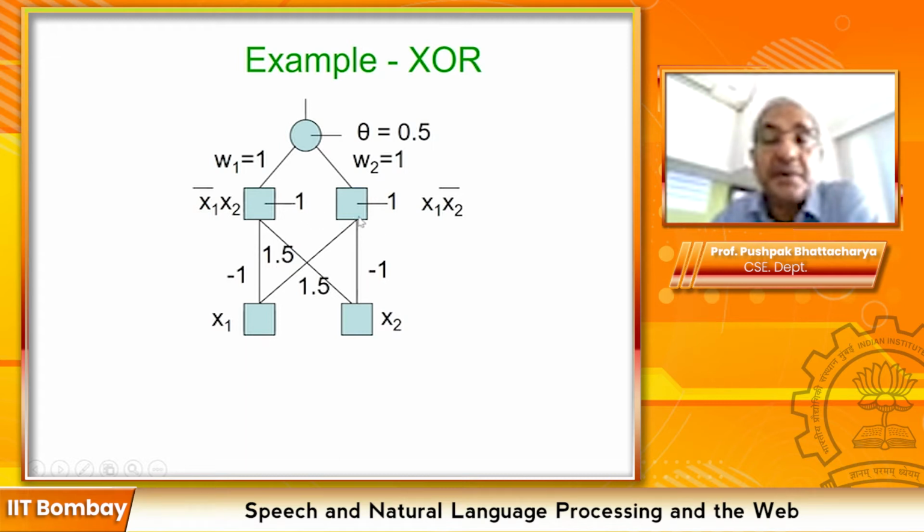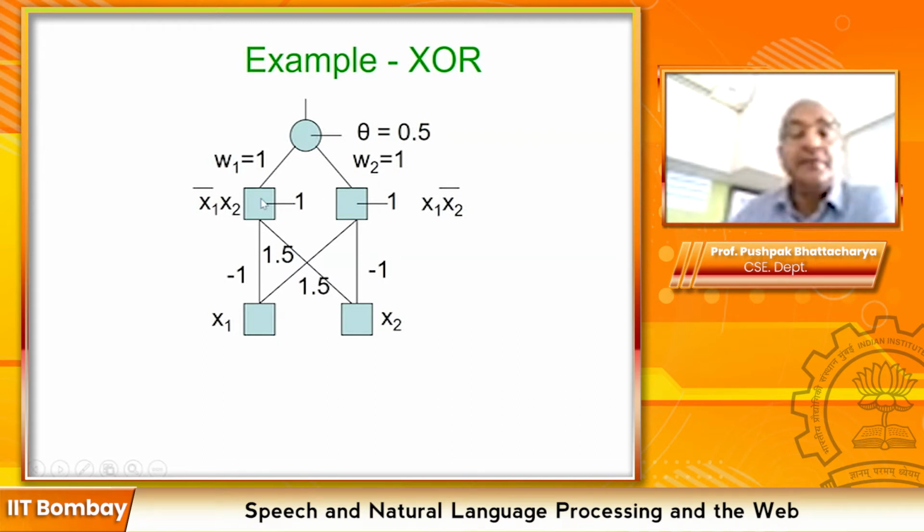So this is the XOR network. The XOR function we can break into two parts. XOR can be computed as x1 bar x2 plus x1 x2 bar. Plus means OR, and OR we know can be computed by a single perceptron.